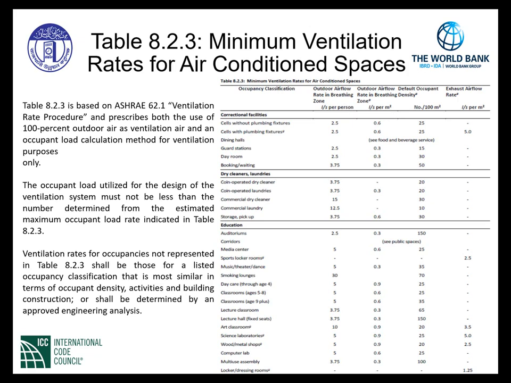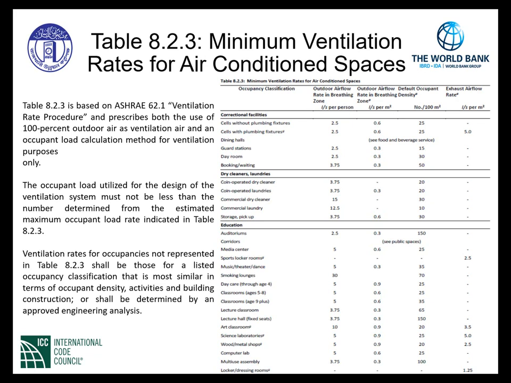Table 8.2.3 is titled Minimum Ventilation Rates for Air-Conditioned Spaces. As seen here, the table gives us much information about the occupancy classification, airflow rates, and in the very last column, there's an exhaust airflow rate as well.